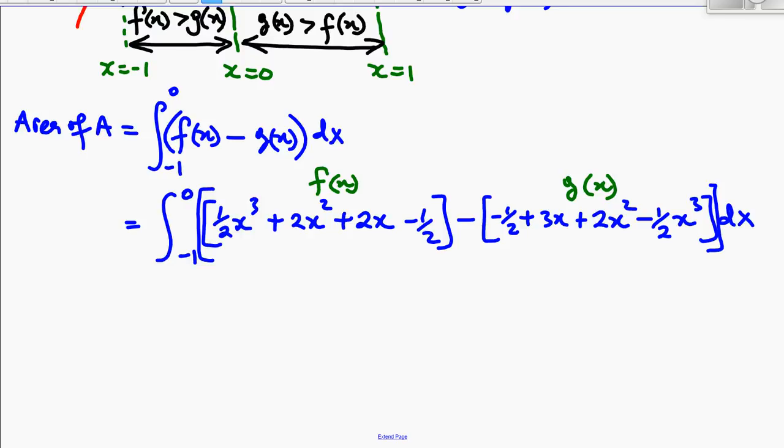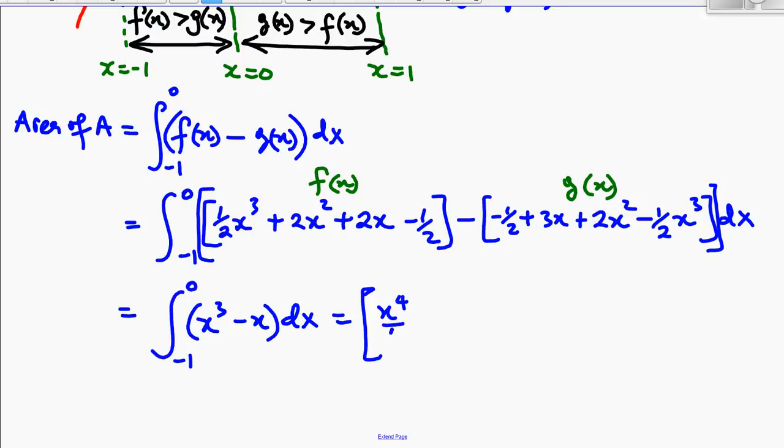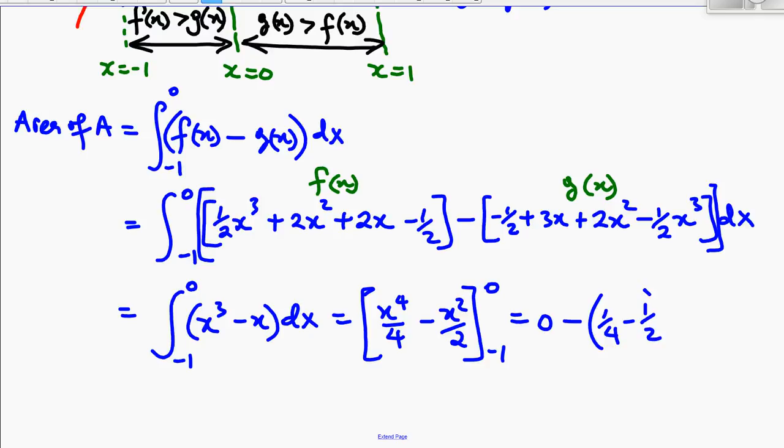If you simplify that, you'll end up with the integral of x cubed minus x with respect to x, which will be equal to x to the power 4 over 4 minus x squared over 2, from 0 to negative 1, which will be 0 minus a quarter minus a half.